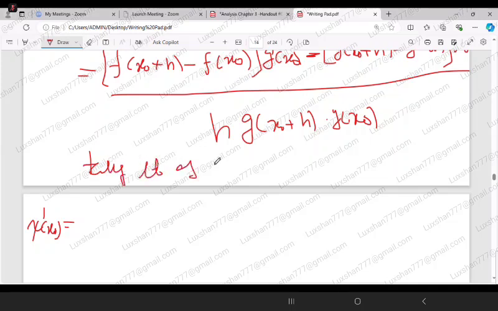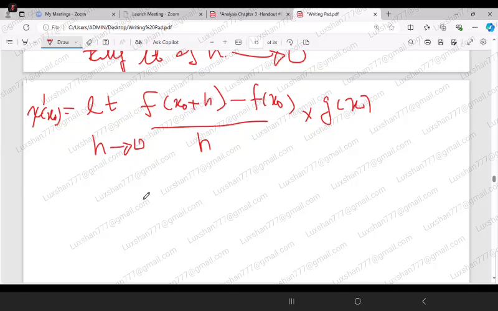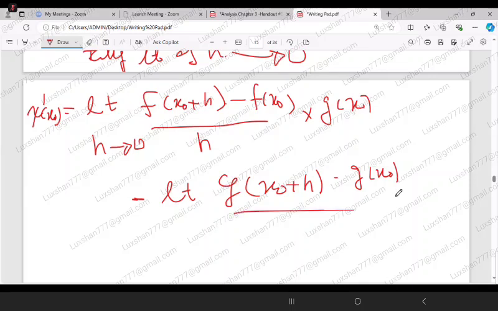Taking the limit as h tends to 0, you can write it as limit of f of x naught plus h minus f of x naught over h, into g of x naught, as h tends to 0, minus limit of g of x naught plus h minus g of x naught over h, into f of x naught, as h tends to 0.